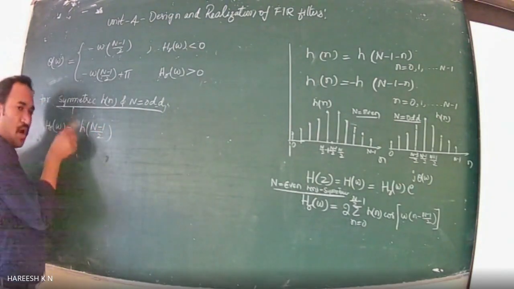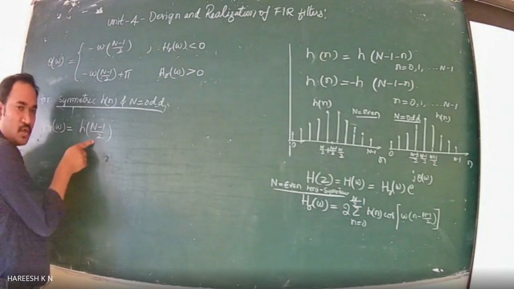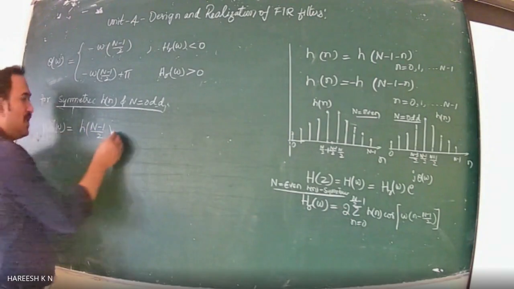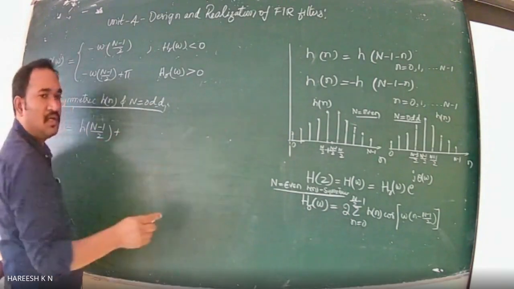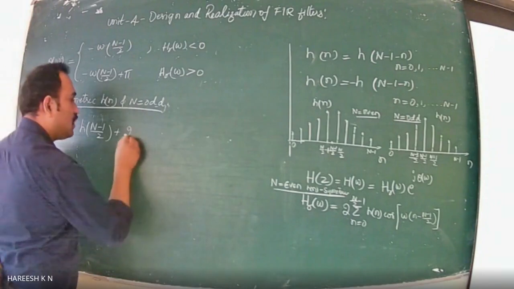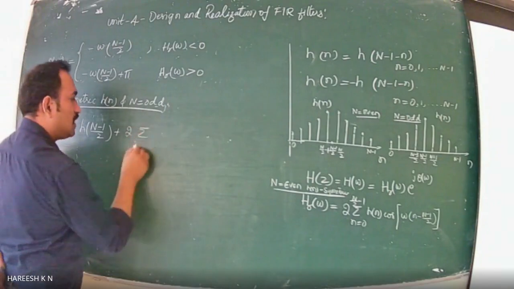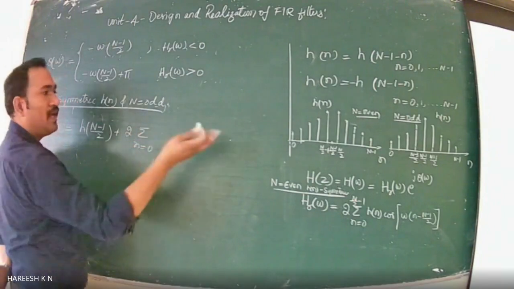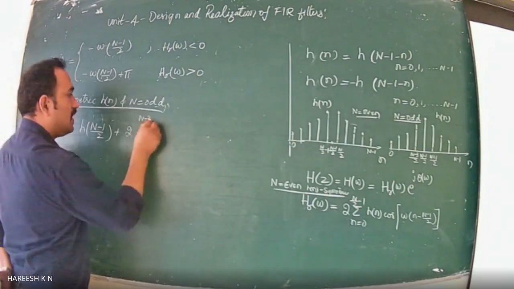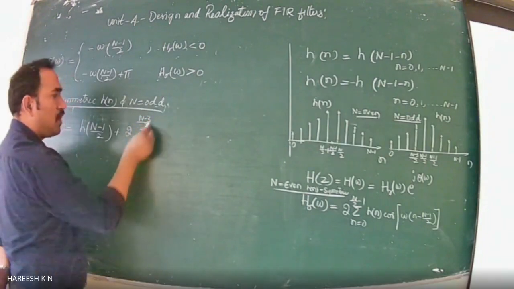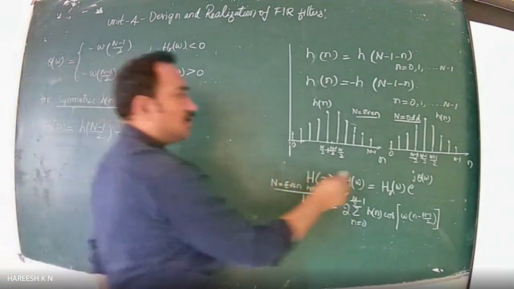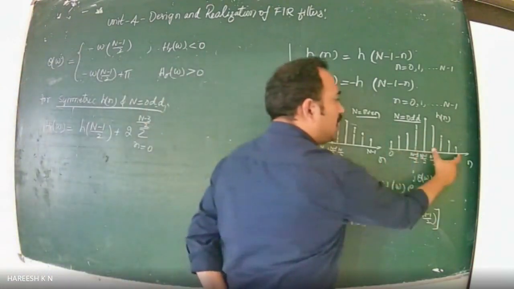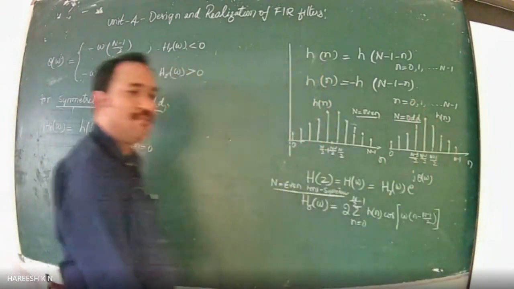The value of h of (N minus 1) divided by 2 needs to be substituted here, plus the rest which is repeating. Therefore I need to take twice the summation small n varying from 0 to where? Capital N minus 3 divided by 2. From this point to that point, these samples are repeating once again with decreasing amplitudes.